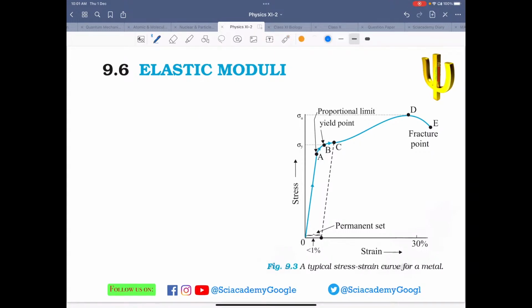Stress and strain ratio is a constant, and this is the characteristic of the material, and it is known as modulus of elasticity.